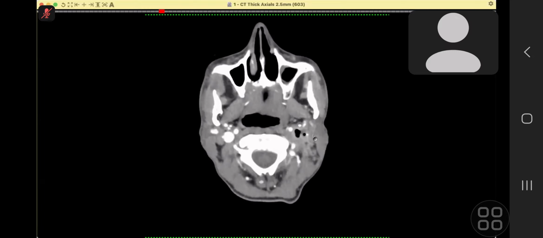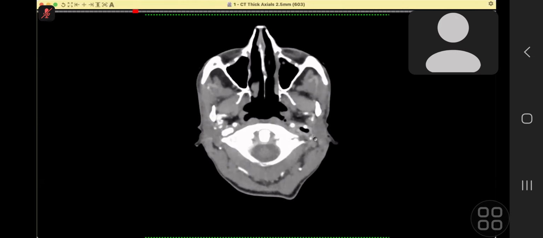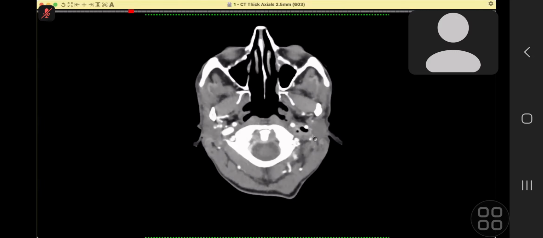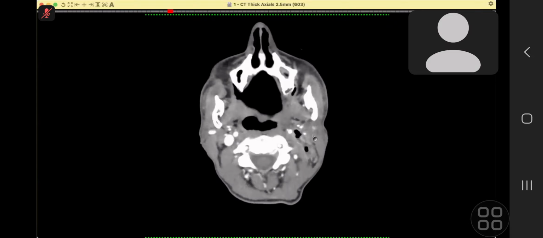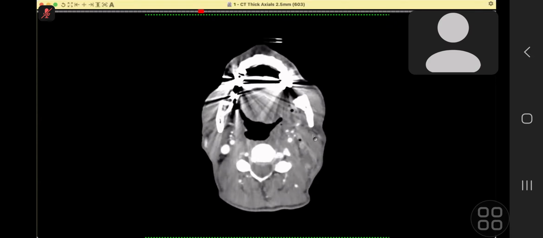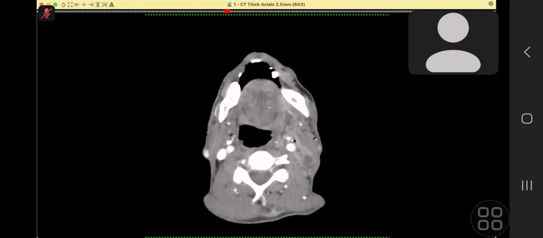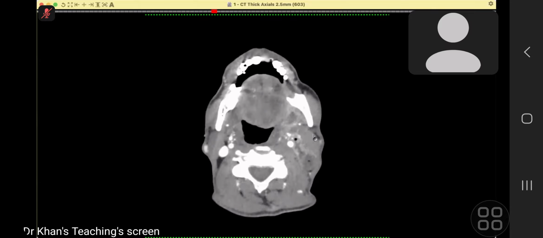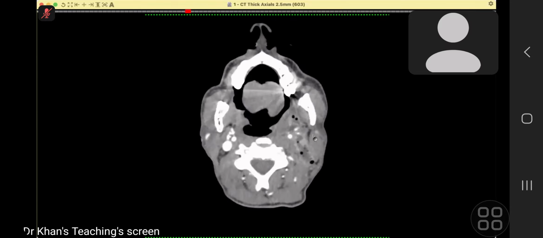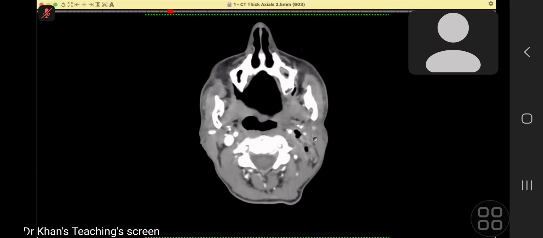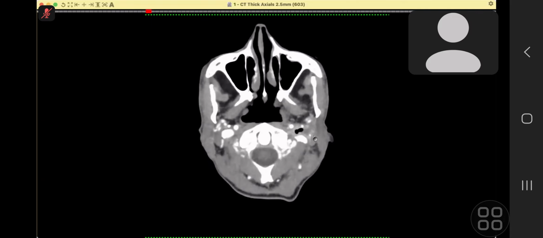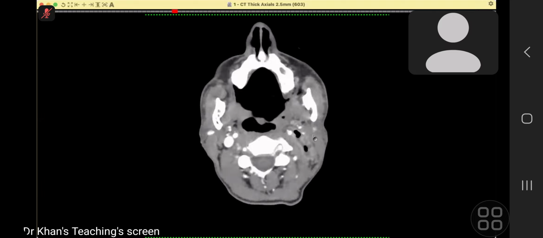Here again, I can see that the IJV is thrombosed. There are a few air foci along its course. So there is definitely septic thrombophlebitis of the vein. And I can see some soft tissue fullness, soft tissue thickening on the left side.